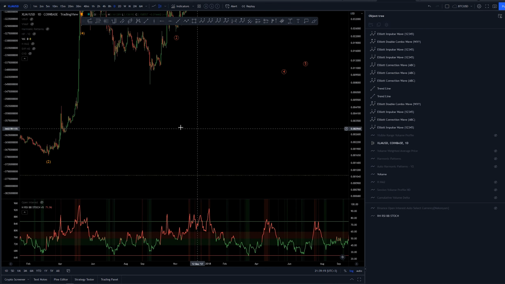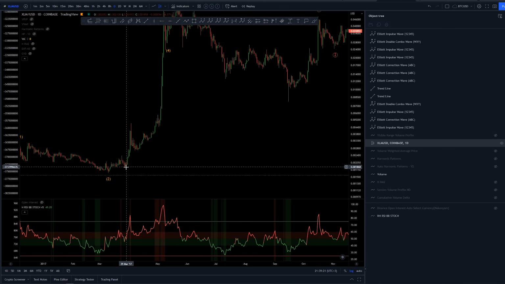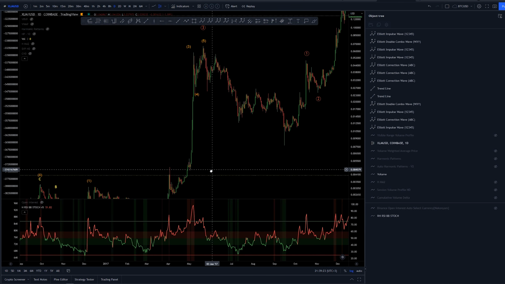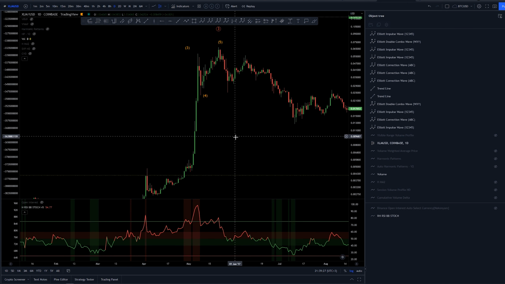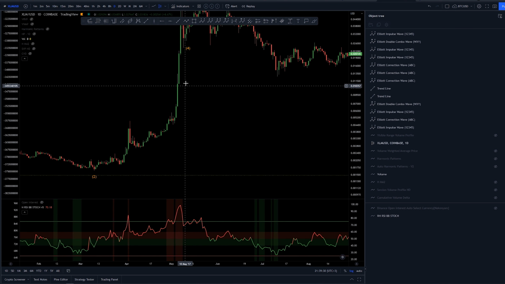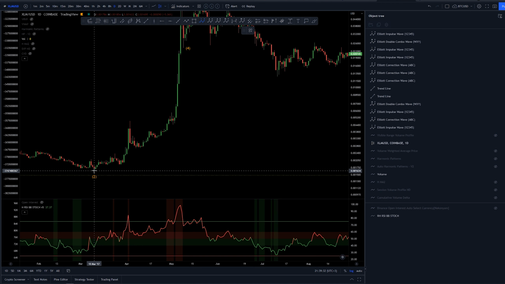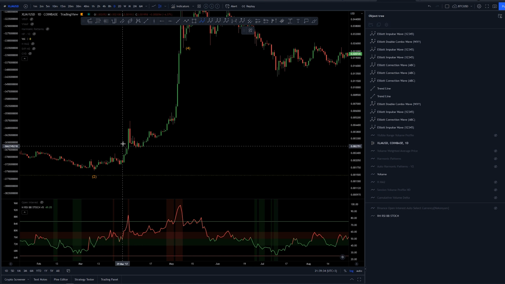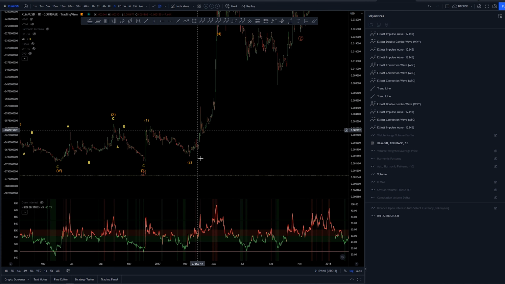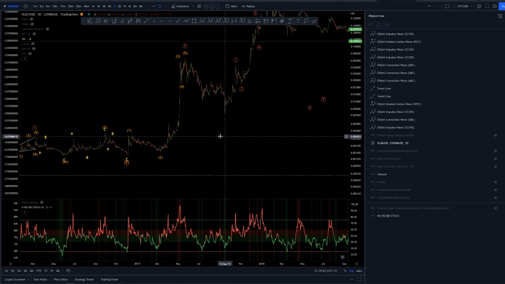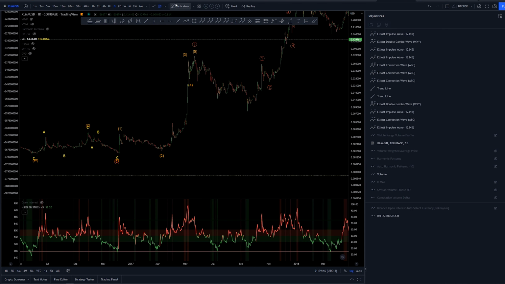Let's dive in a bit closer. 1, 2, 3, 4, 5. That would be a 1. Maybe we could argue that this structure here is a 1 or 4, 3, 4. This is a bit tricky, as I think we would need to go into lower time frames to make sure that this is the structure.